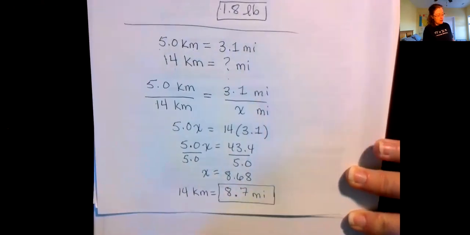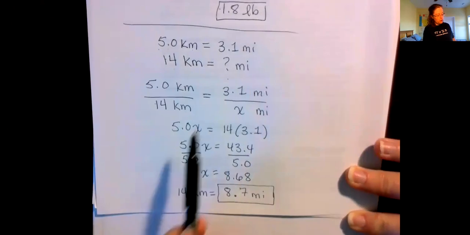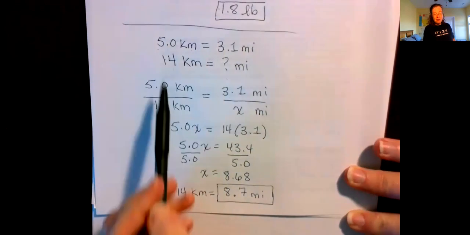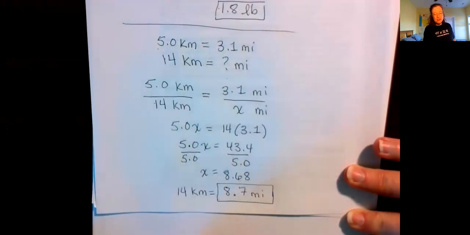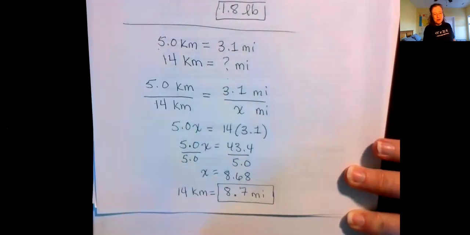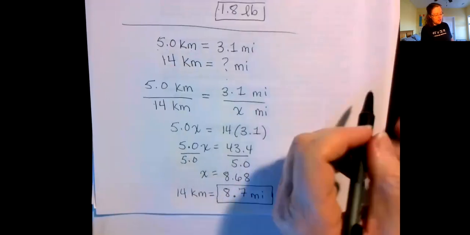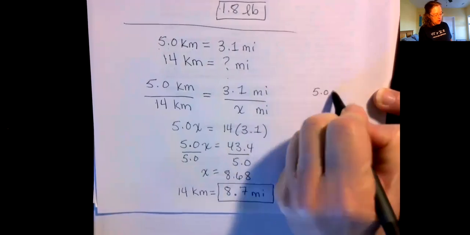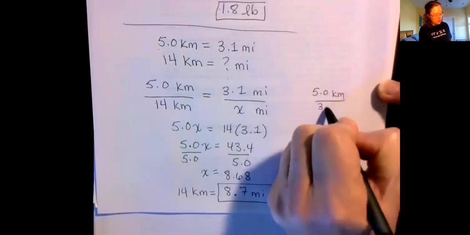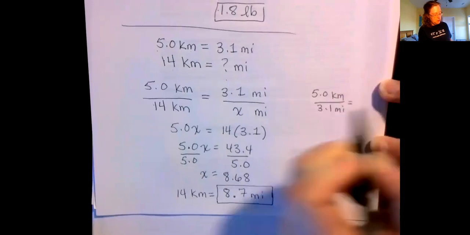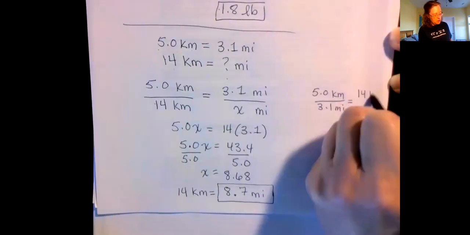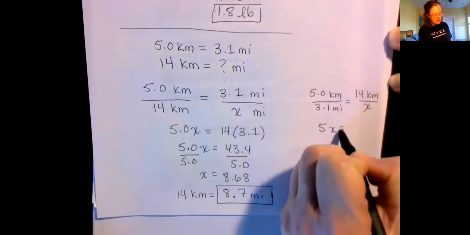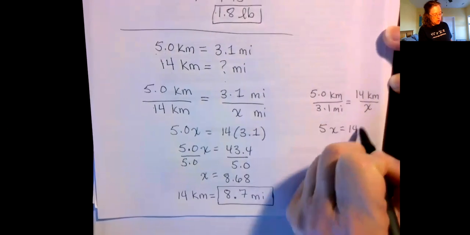Does that make sense? Well, when we go from 3 to 5, it's not quite twice as much. 8 to 14, it's not quite twice as much. So yeah, this worked out pretty well. If you set it up instead as something like 5.0 kilometers over 3.1 miles is equal to 14 kilometers over x, you still would have had 5x equal to 14 times 3.1.